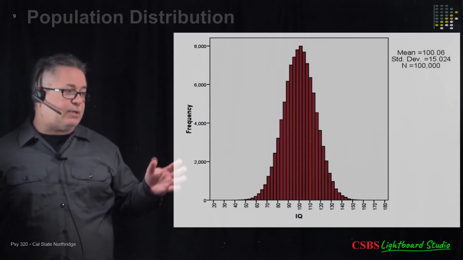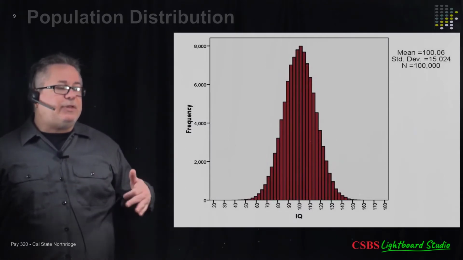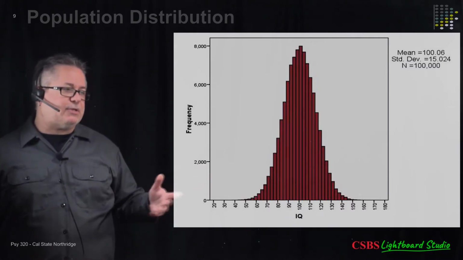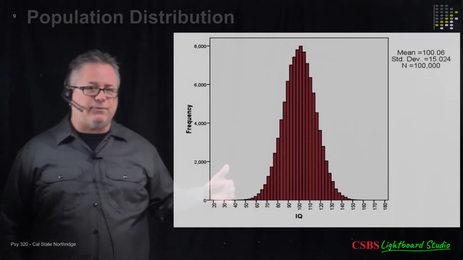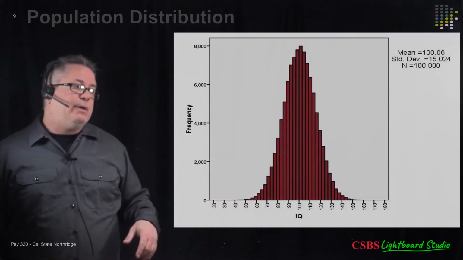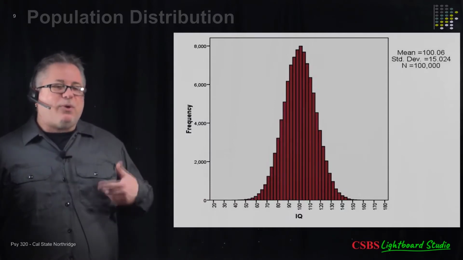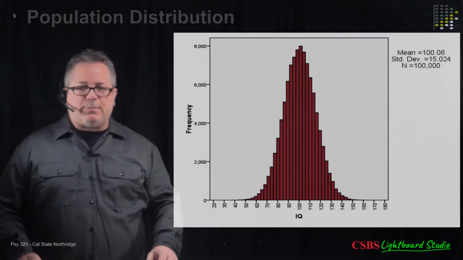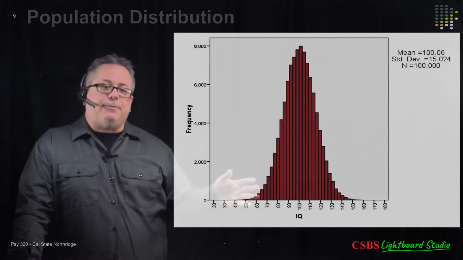So I have these 100,000 scores. Here's the thing: if I already have the population, if I already know what the population looks like, it's much easier to figure some of this out because the population is known. That rarely happens. It doesn't happen very often that we actually know all the information about the population, and we'll talk about what that means later.